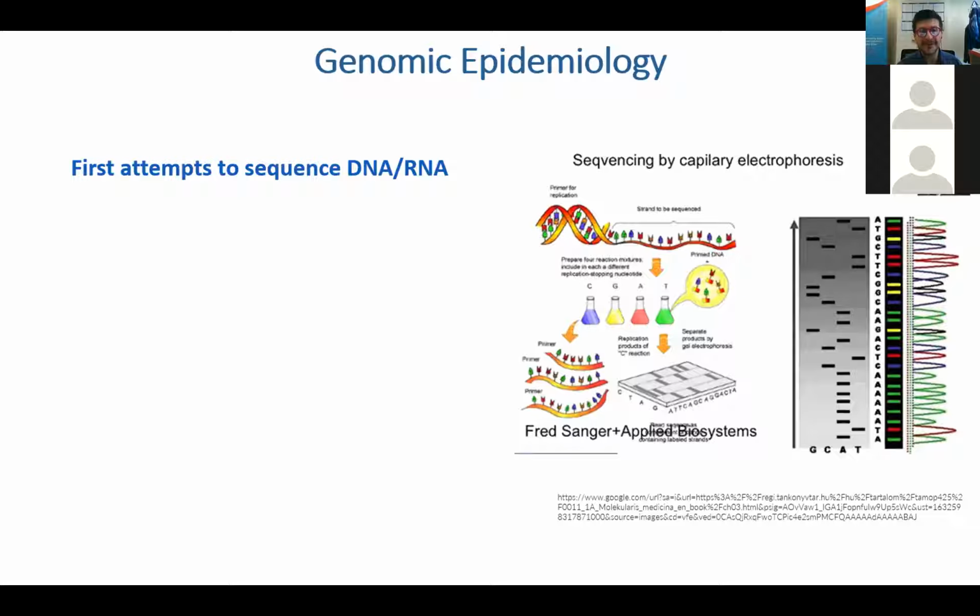And of course, by this point, we were beginning to make important studies regarding the nucleic acids. Once we begin to talk about genomic epidemiology, we refer more definitely to the genetic information, or the information we have from the nucleic acids. And now we were beginning to make the first attempts to sequence and read DNA as well as RNA molecules.